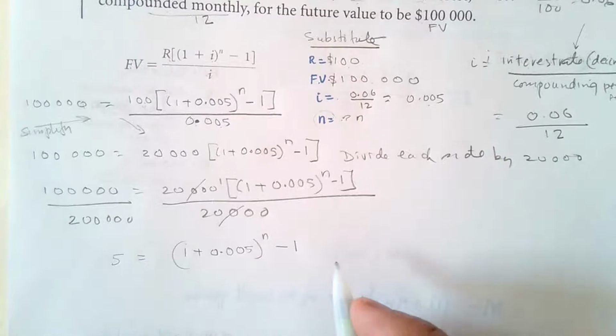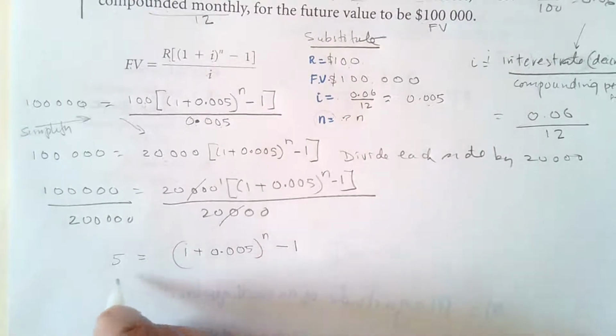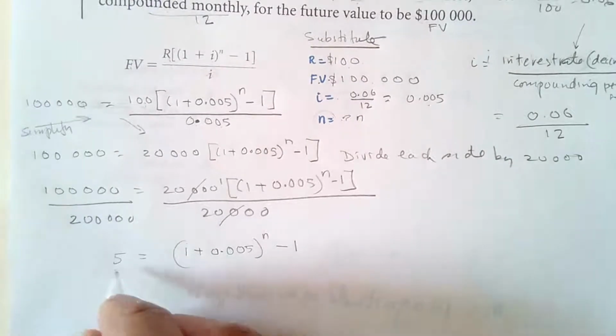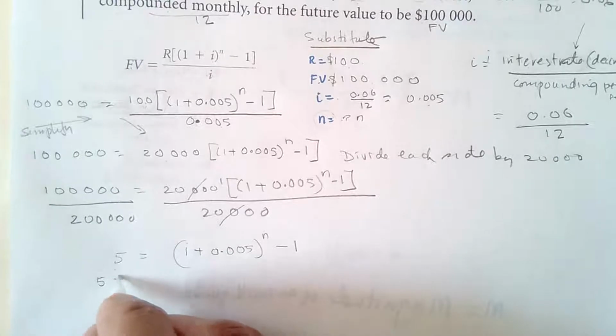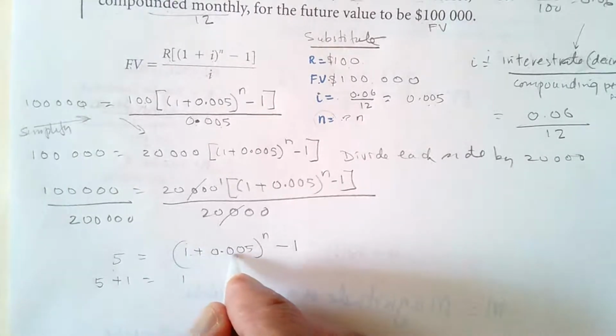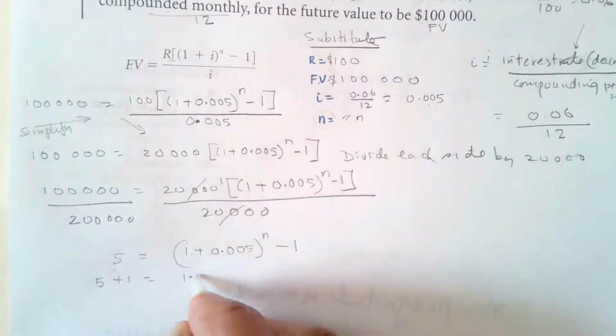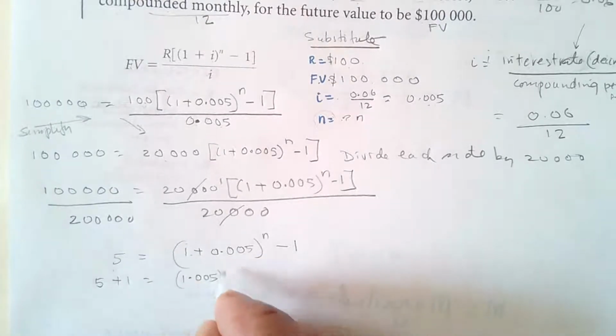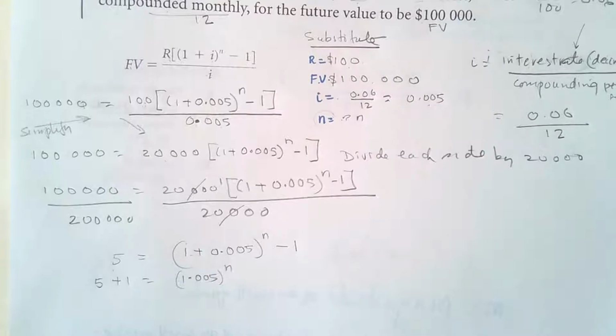So simplifying this operation, we'll end up at 5. Take this over here. So 5 plus 1 is equal to 1. Now 1 plus 0.005 is 1.005 to the power n.